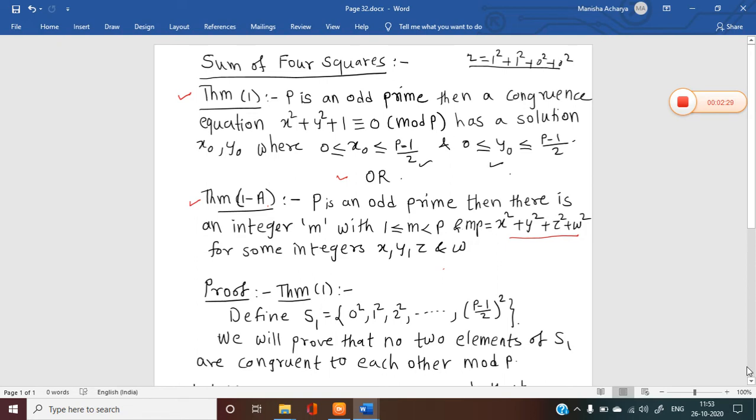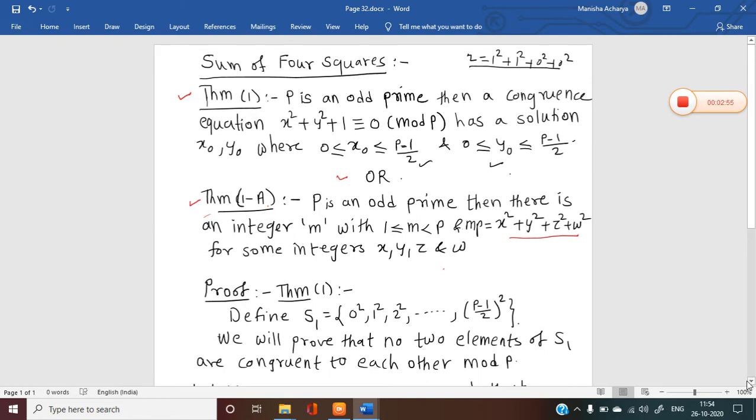So we will first study the proof of theorem 1, and then we start with the proof of theorem 1a. But that 1a will also include the proof of the theorem 1. म्हणजे तुम्हाला समजा theorem 1a हा परीक्षेत विचारला, तर तुम्हाला आधी theorem 1 चं प्रूफ लिहायचं आहे, आणि मग ह्याचं theorem 1a चं जे आता आपण प्रूफ बघणार आहोत ते कंटिन्युएशन मध्ये लिहायचं आहे.